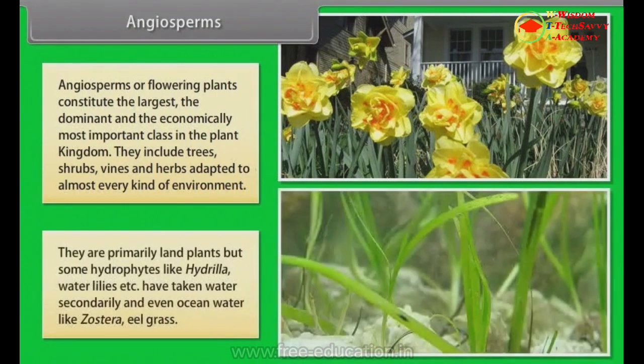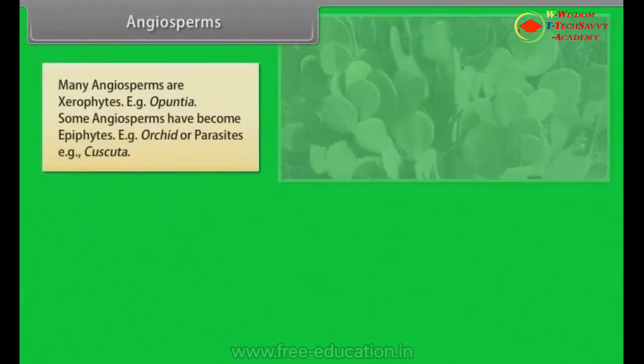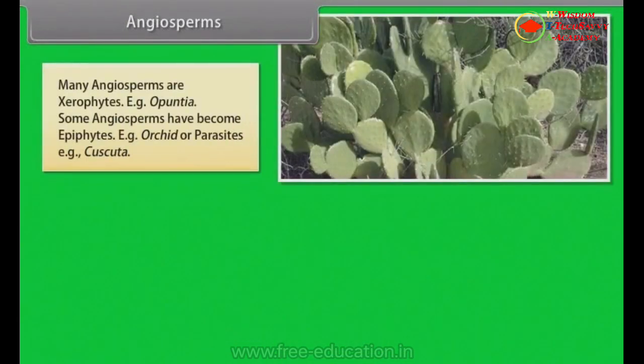They are primarily land plants, but some hydrophytes like Hydrilla, water lilies, etc., have taken to water secondarily, and even ocean water like Zostera, eel grass. Many angiosperms are xerophytes, example Opuntia. Some angiosperms have become epiphytes, example orchid, or parasites, example Cuscuta.